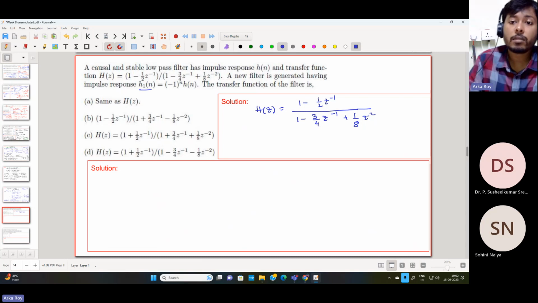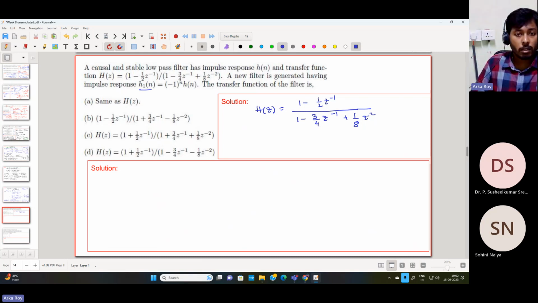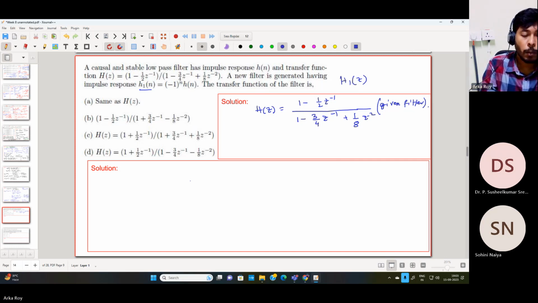Then what would be the transfer function of this filter? So this is the original or given filter. We need to find what would be the H1 of z.